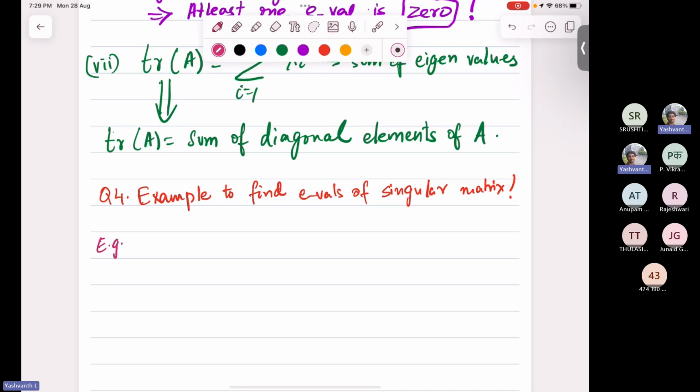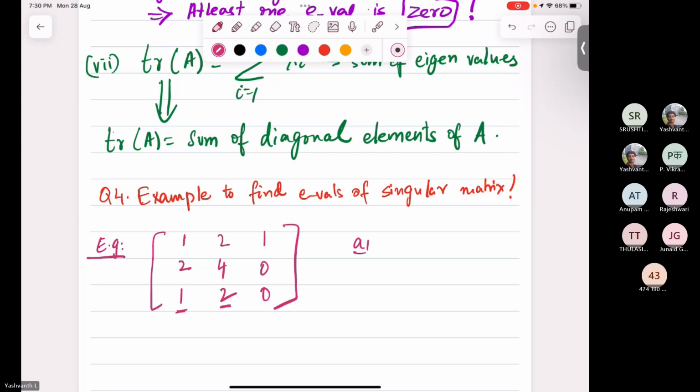For example, the matrix with rows 1, 2, 1; 2, 4, 2; 1, 0, 0. See this? The second column is 2 times the first column. So 2A1 minus A2 plus 0 A3, for example, equals the 0 vector.